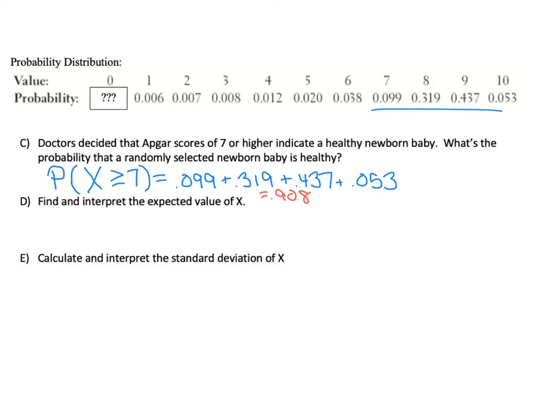Next, we're supposed to find and interpret the expected value of X. So the expected value is equal to the mean of X, which is equal to each outcome times the chance of it occurring. And again, I'm not going to write this all out.